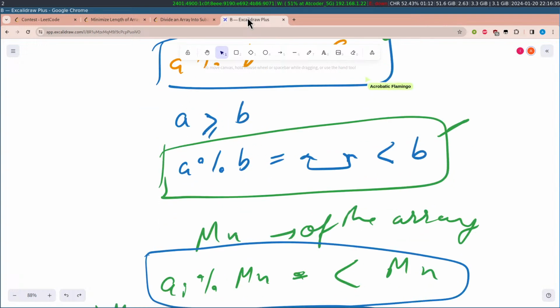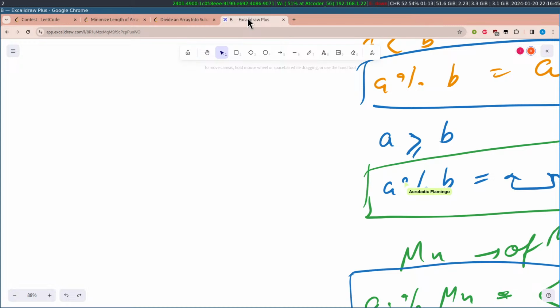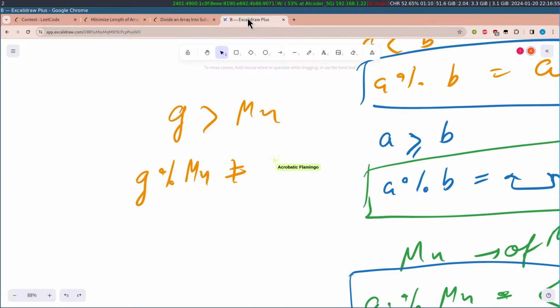But we haven't used the second property yet. Let's say we have found some value g which is greater than minimum, such that g mod minimum is not equal to 0.